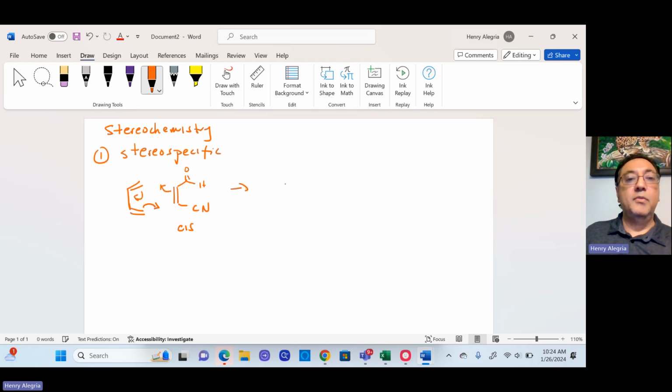And what I'm going to end up getting is that at these two positions I have the aldehyde and nitrile. So what's the relationship between those two? If I start off with a cis here, that relationship has to be maintained. So the aldehyde and the nitrile have to end up being cis here. So you'd get that.